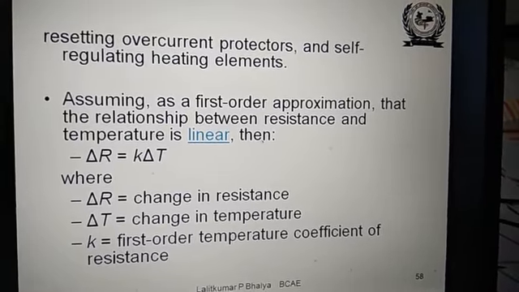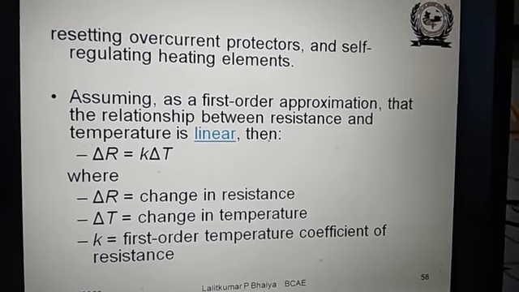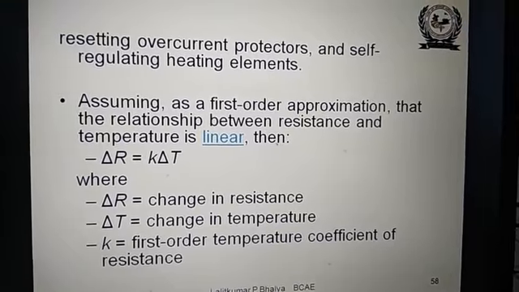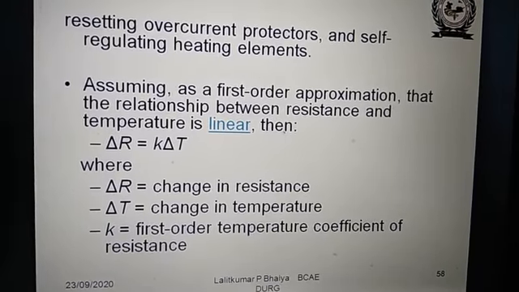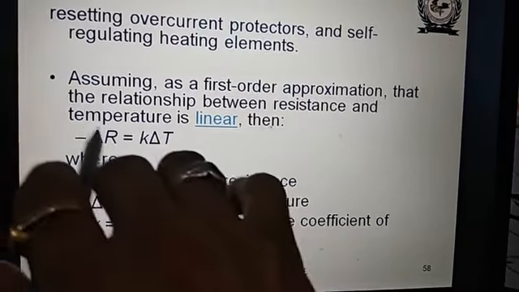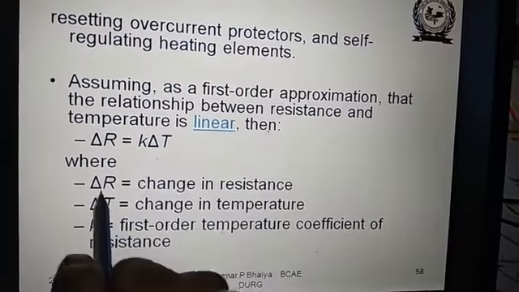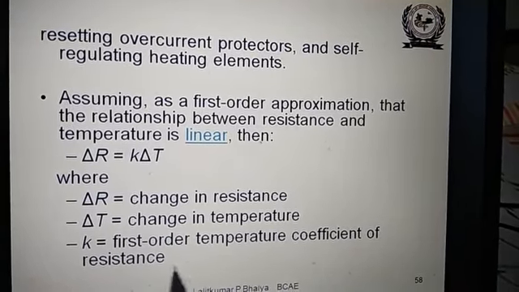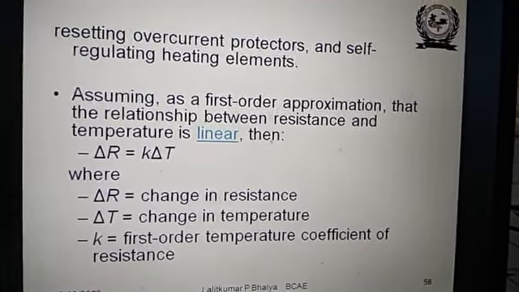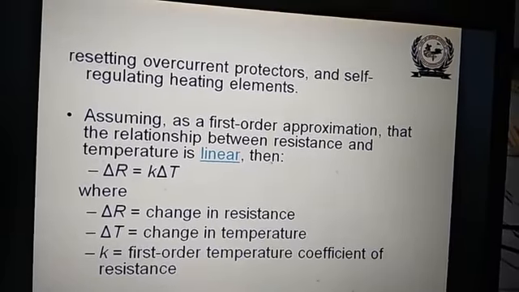Assuming as a first order approximation that the relationship between resistance and temperature is linear, then delta R is equal to K into delta T, where delta R is the change in resistance, delta T is the change in temperature, and K is called the first order temperature coefficient of resistance.